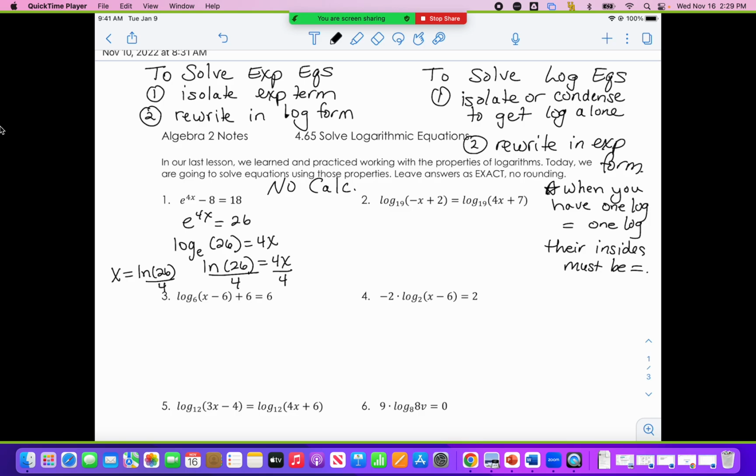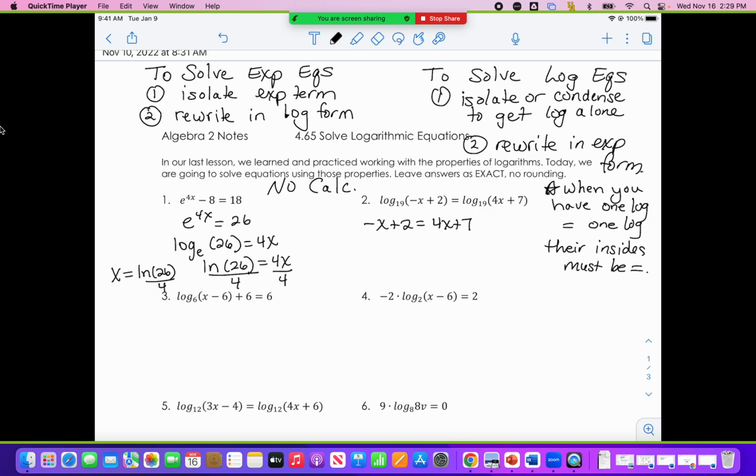So this is kind of an exception to the steps above. When you have 1 log equals 1 log. Now when I say 1 log, there's nothing in front. I can't have 5 times the log, okay? It has to be nothing out front of it. So then watch what I'm going to do. I'm going to set negative x plus 2 equal to 4x plus 7.